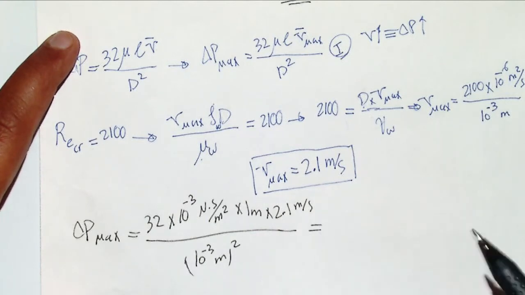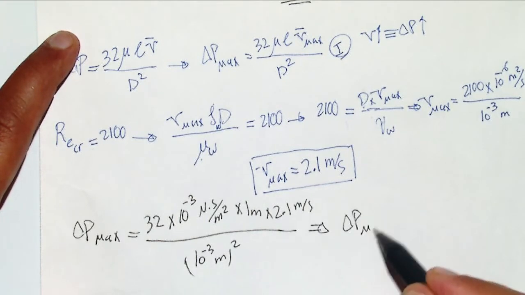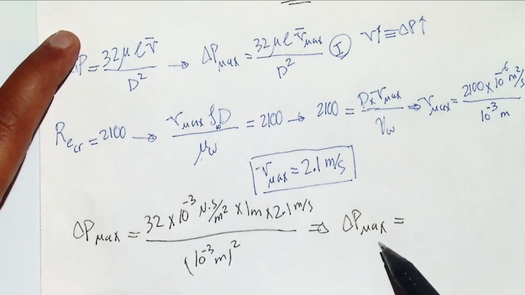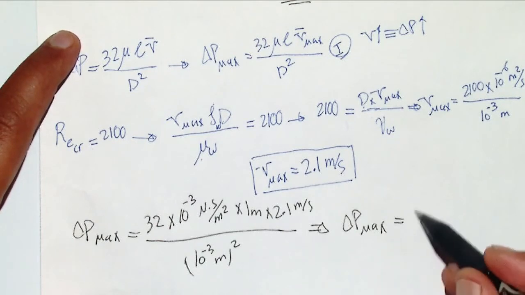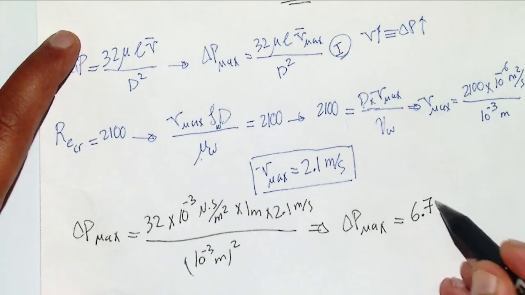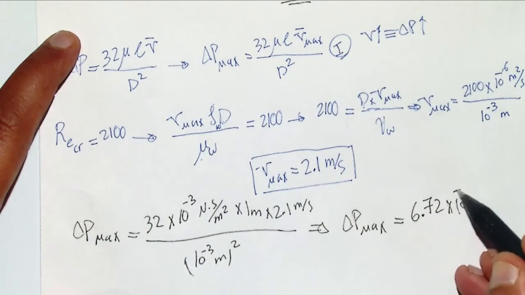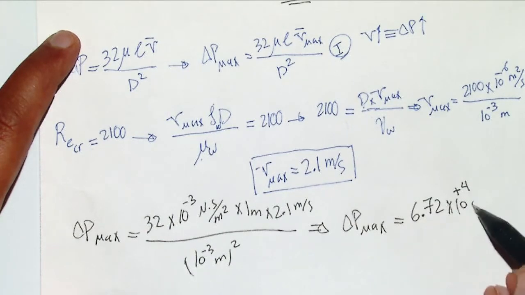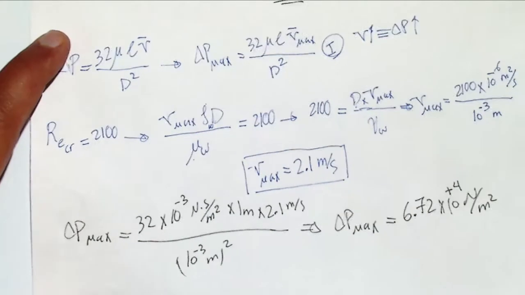Okay, then delta P max, using a calculator, is 6.72 times 10 to the power of plus 4 Newton per meter squared, or Pascal.